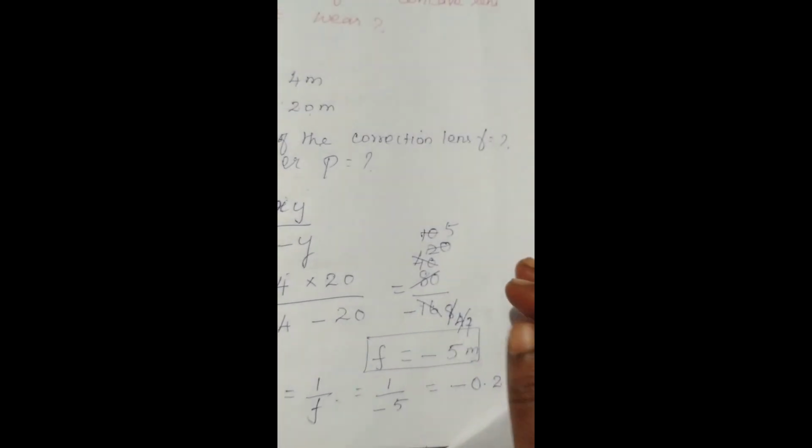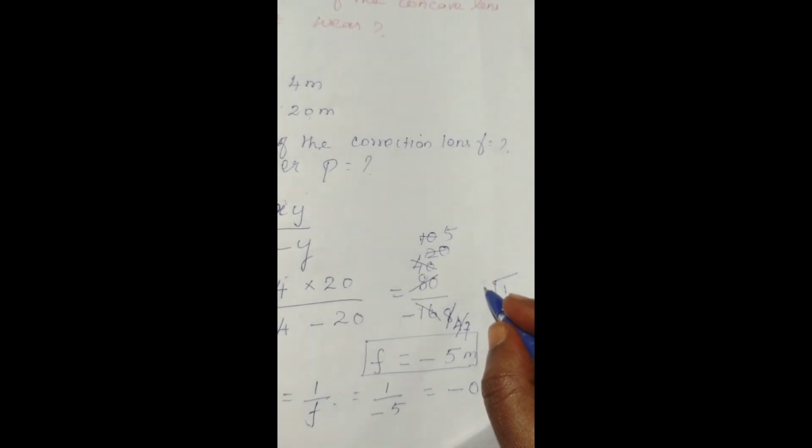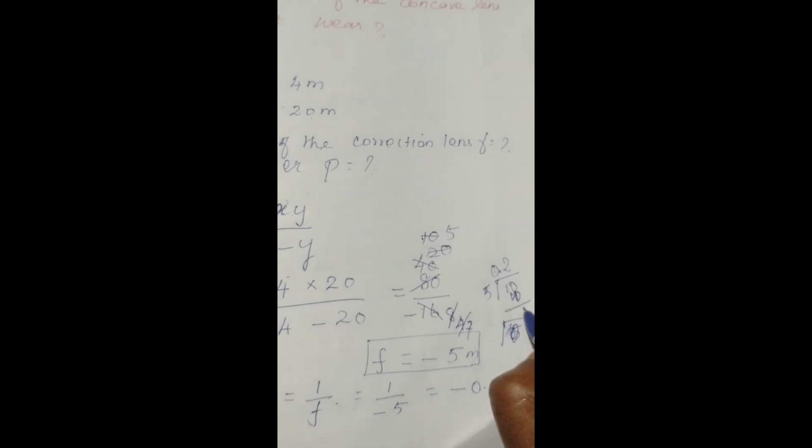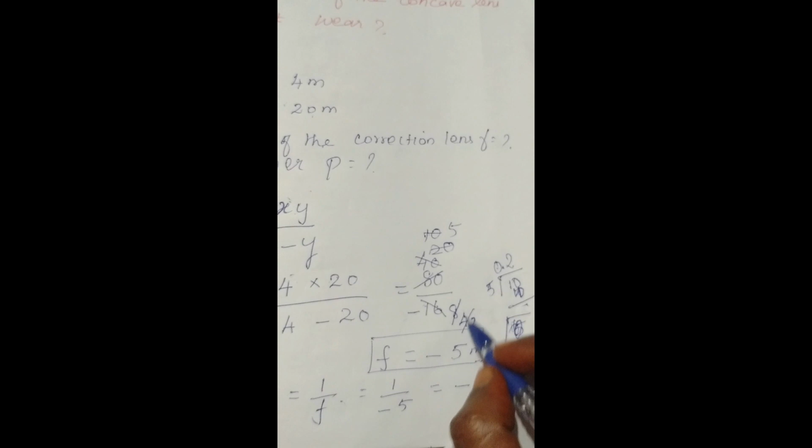So how to calculate 1 divided by minus 5? It's 0.2, and since the minus is there, we substitute minus 0.2.